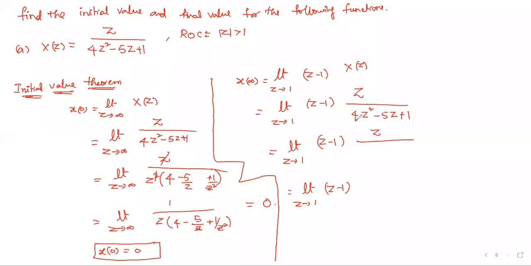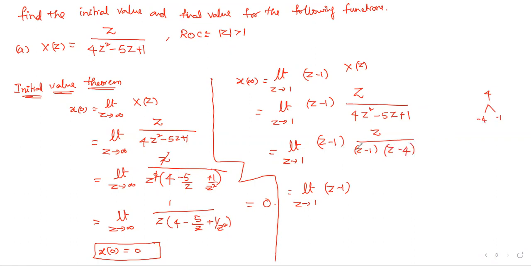Z divided by 4z square minus 5z plus 1. Can write it as 4 is there, minus 4 into minus 1, we will get minus 5, right? So I will write it as z minus 1 into z minus 4.